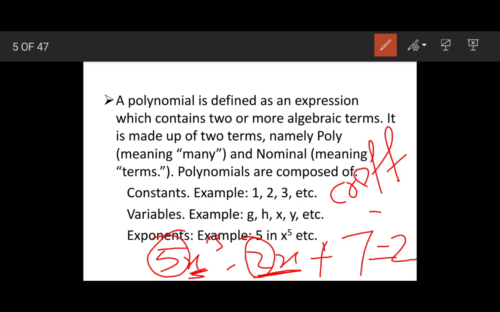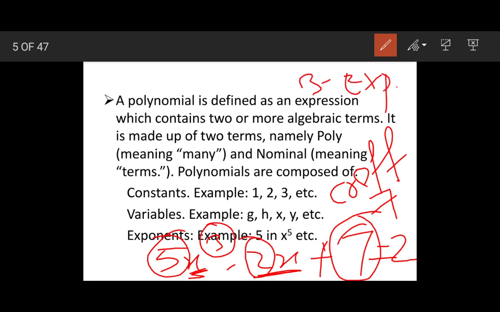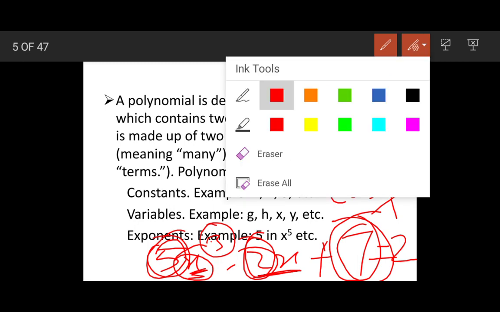Then this 7 is known as a constant. This 3 is known as an exponent. So constant, coefficients, variable and exponent. By combining all these things, we get a polynomial.